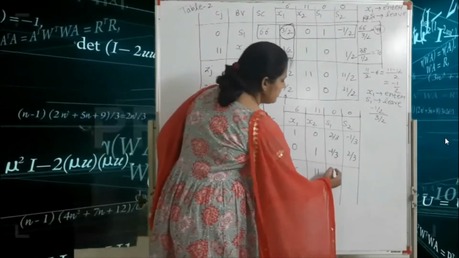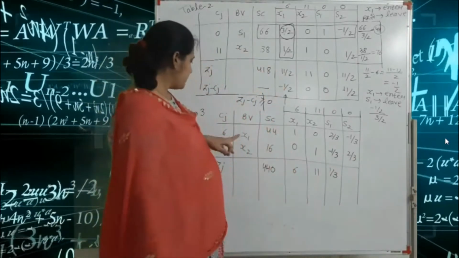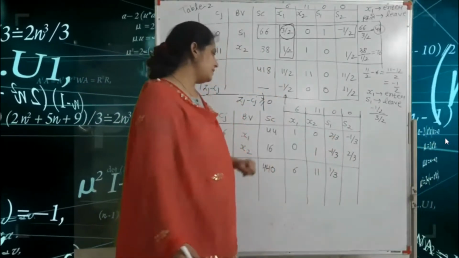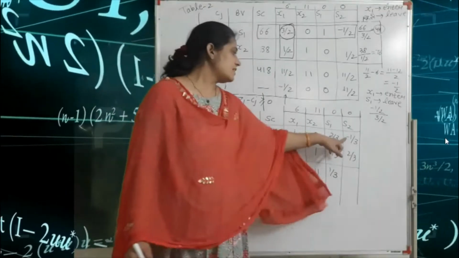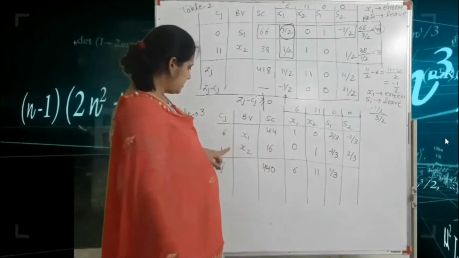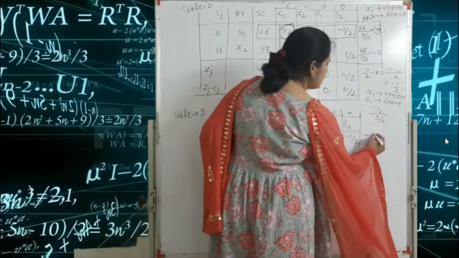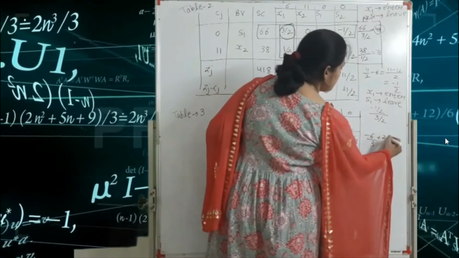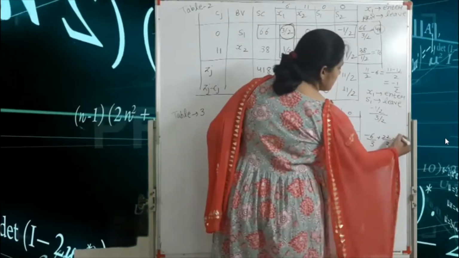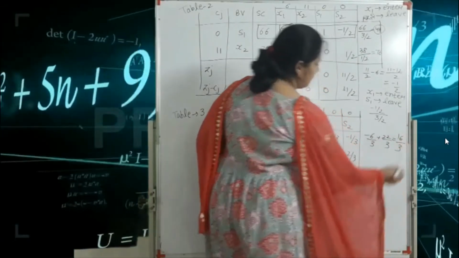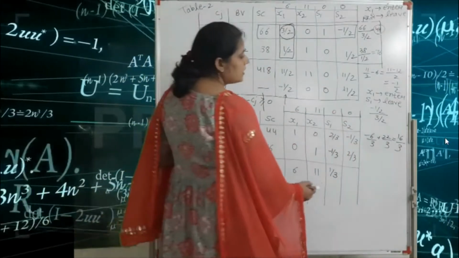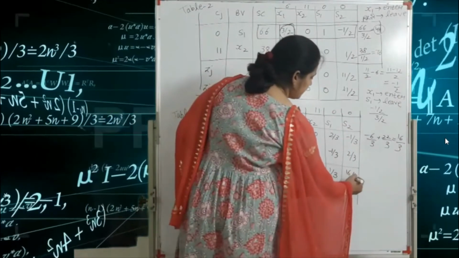So we write here the 1 by 3. Then 6 into minus 1 by 3 is minus 6 by 3, plus 11 into 2 by 3 is 22 by 3, so minus 6 by 3 plus 22 by 3 is 16 by 3, positive. So here we write the 16 by 3.